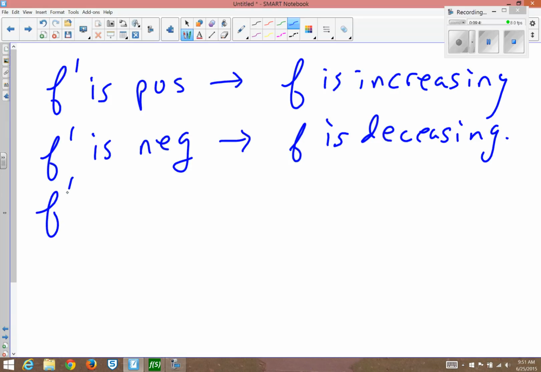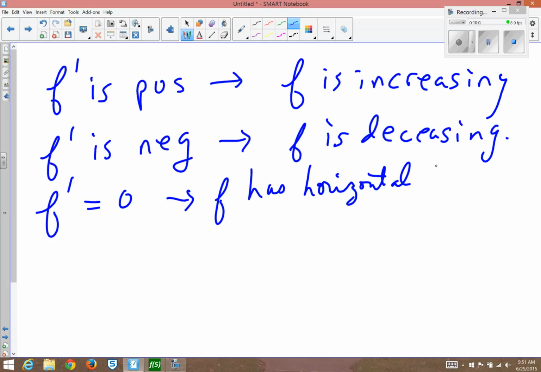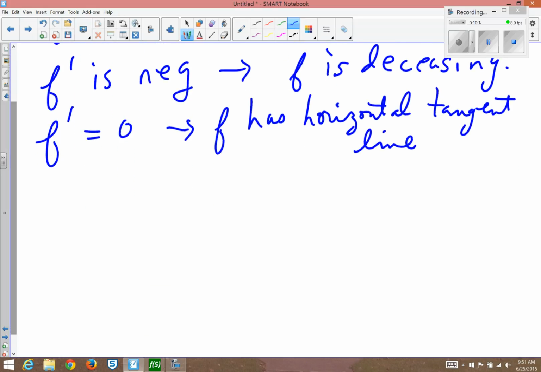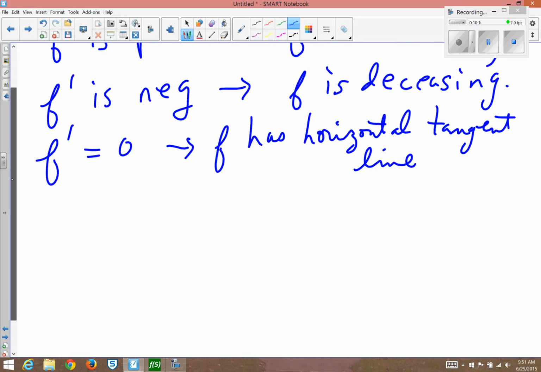When the derivative of a function is 0, that means the function has a horizontal tangent line wherever the derivative is 0. The derivative is the slope.